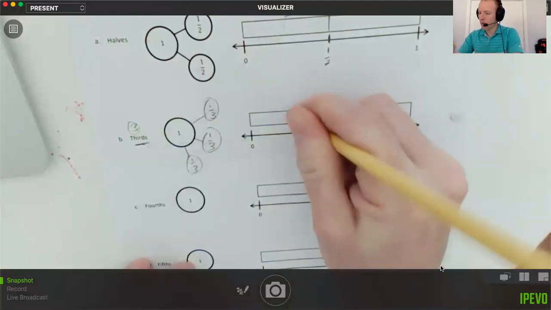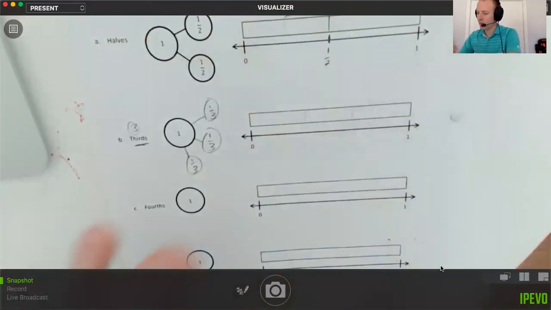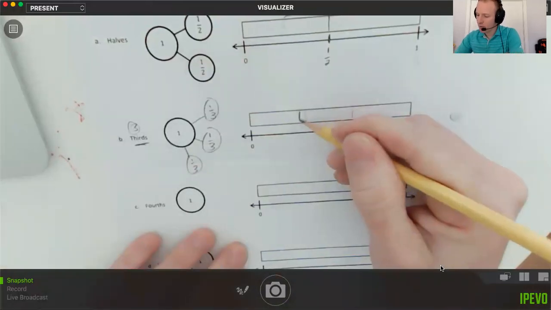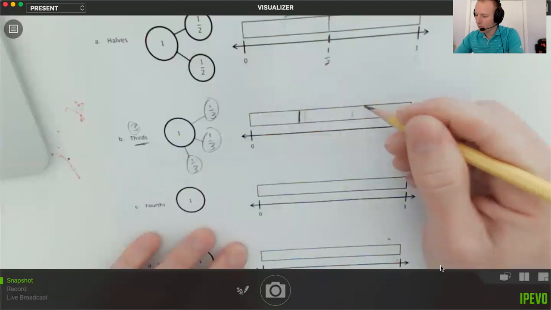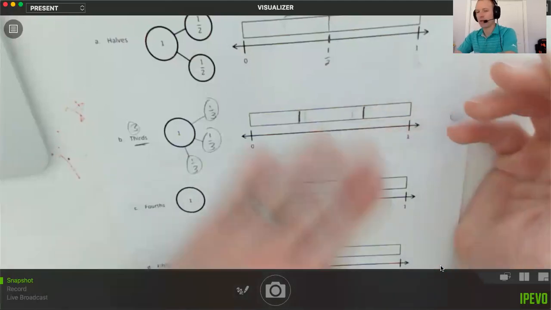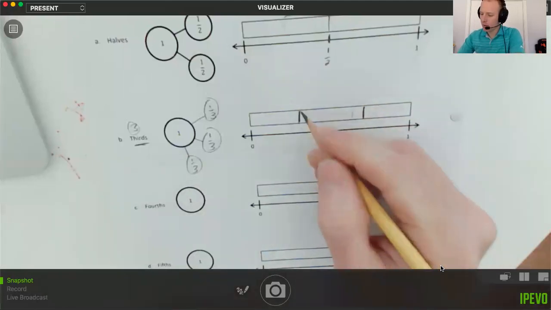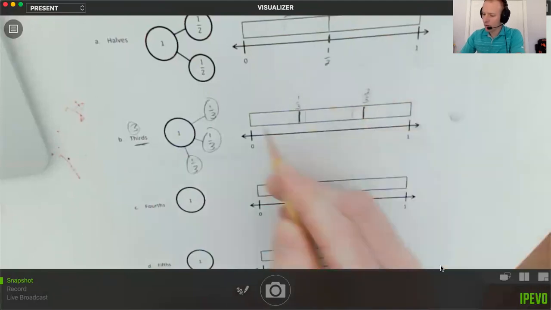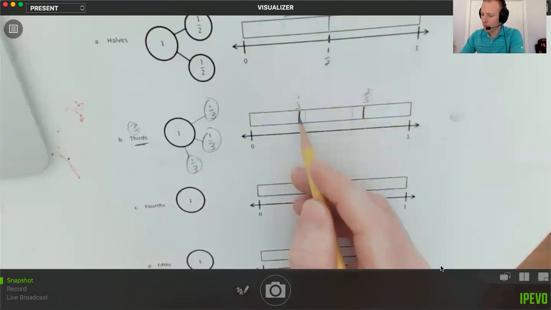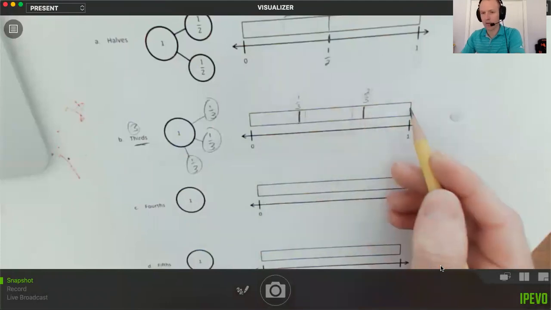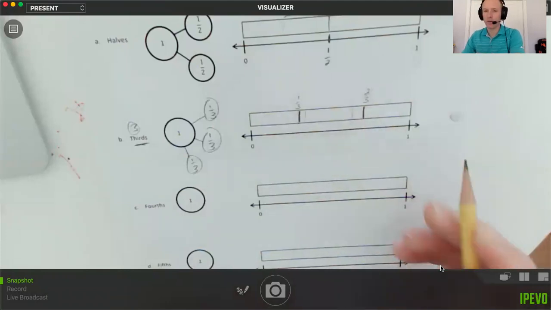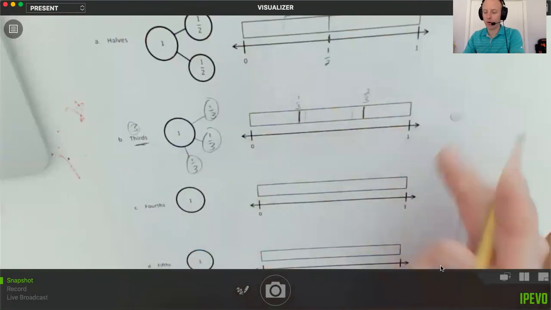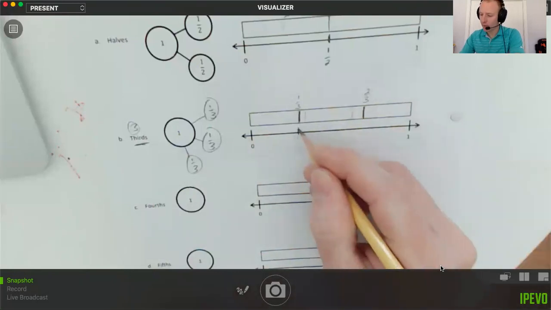That's probably not quite right. You do need to be as exact as you can be here. Maybe that's better. So I have 1/3 and 2/3. So from here to here is 1/3, from here to here is 2/3, and from here to here is 3/3 or 1.